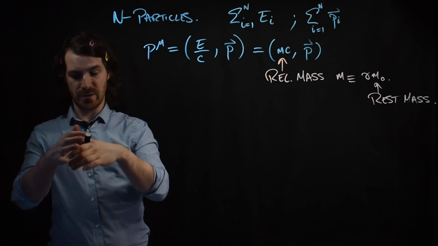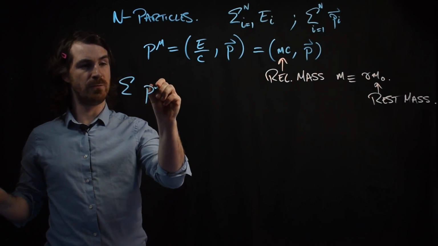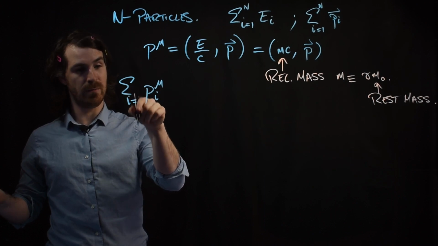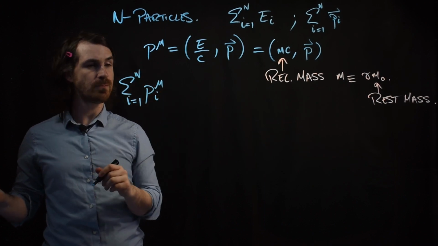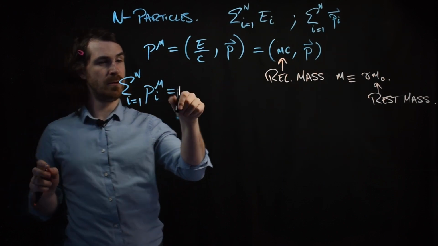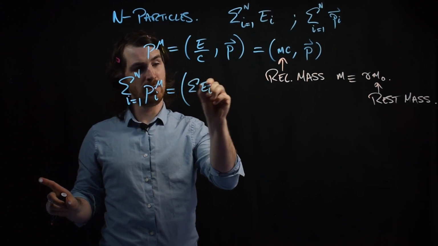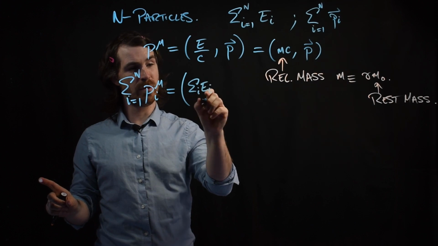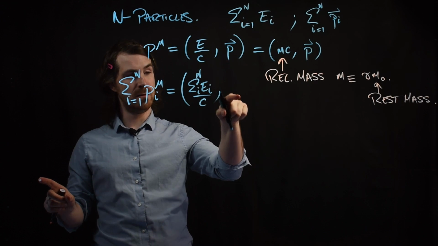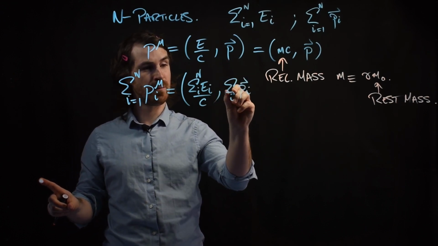So if we think about the sum of all the 4 momenta, where this is the 4 momentum of the ith particle, and we sum over all the n particles from 1 to n, this 4 momentum will have in its first component the sum over the energies of all the particles from 1 to n divided by c, and then in the 1, 2, 3 components it will have the sum of the 3-vector momenta from 1 to n.